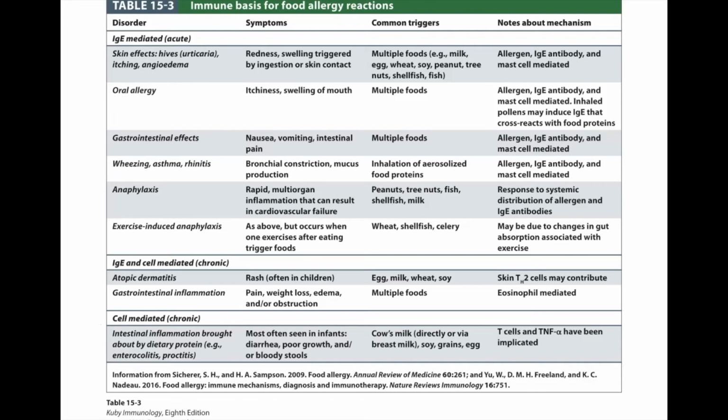If they have a cow's milk allergy, it becomes progressively worse. And so we would see things like profuse diarrhea, poor growth, loss of weight, and even to the point where we get bloody stools, which means that the lining of the intestine is being affected by that. So again, you should understand the progression and severity and different symptoms that we would see with these allergies.